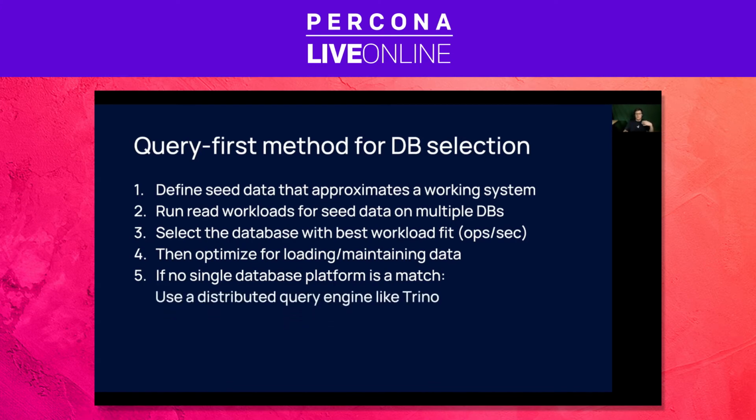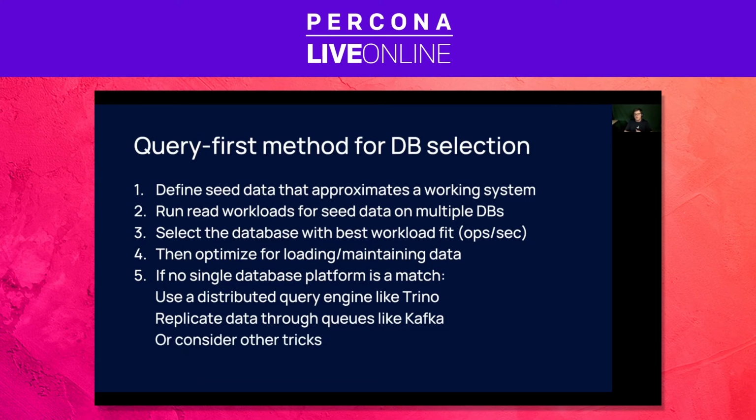You're either going to use a distributed query engine, something like Trino or Presto, to bring that data together, or you can replicate that data through queues using something like Kafka or Pulsar or RabbitMQ, to get that data replicated through to the systems where it's needed. Or you can consider using some other tricks, and I'm actually going to show you a few examples of some of those other tricks that you could think about.